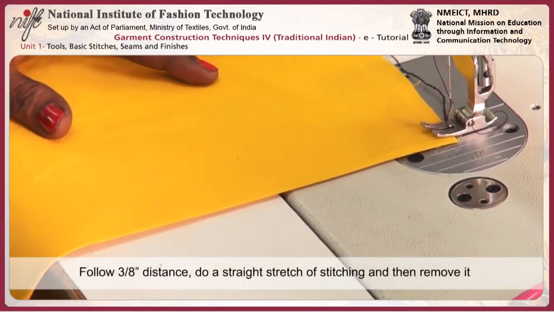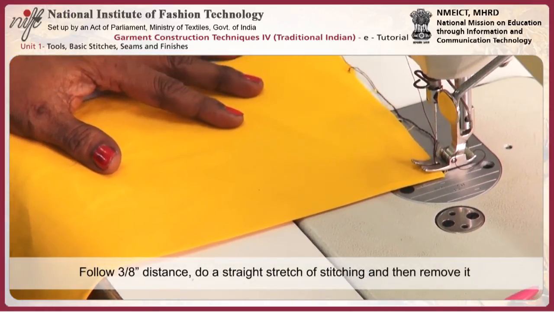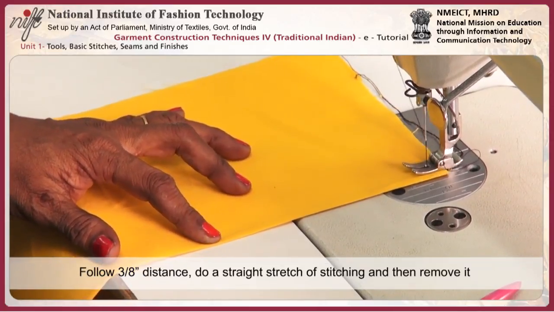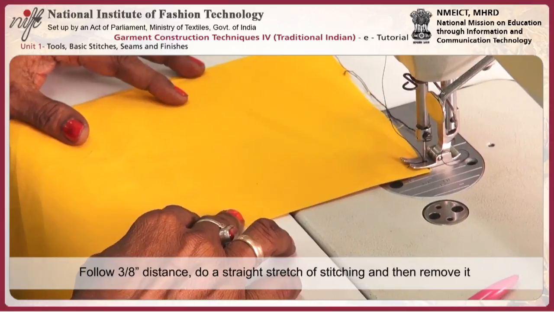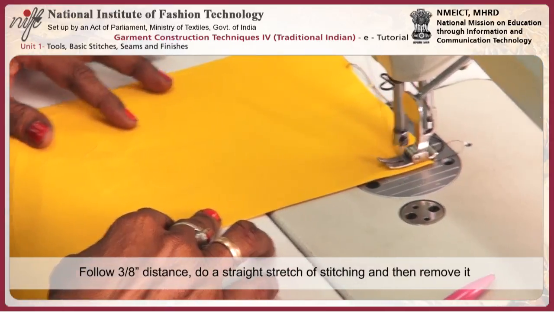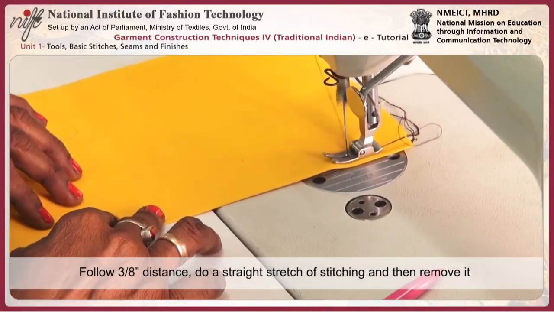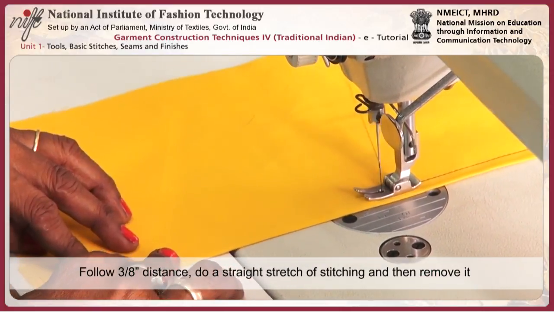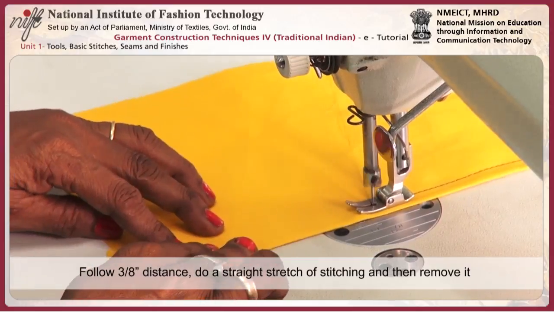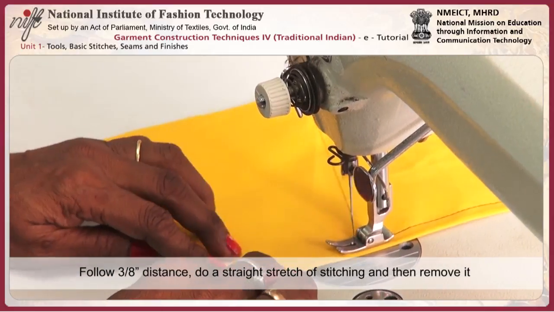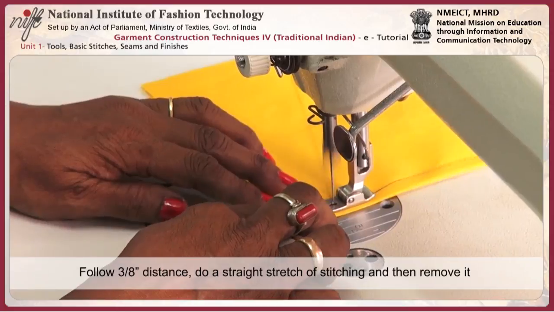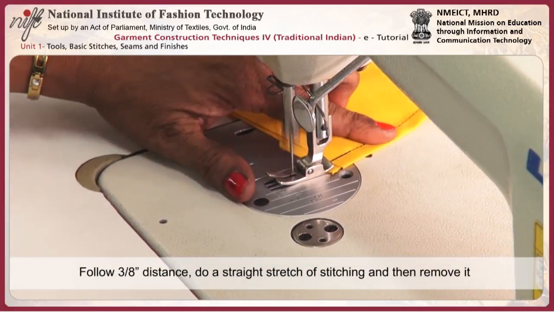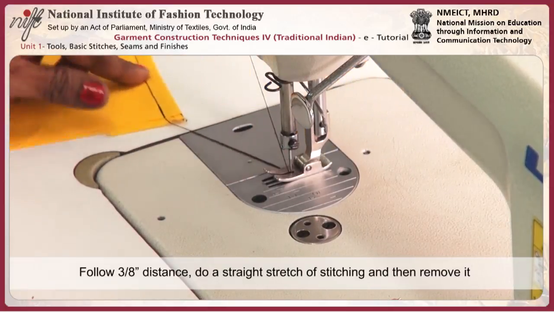Now follow 3/8 of an inch distance and do the seam with a back tack, reinforcement, and a straight stitch. Reinforce and take it out.